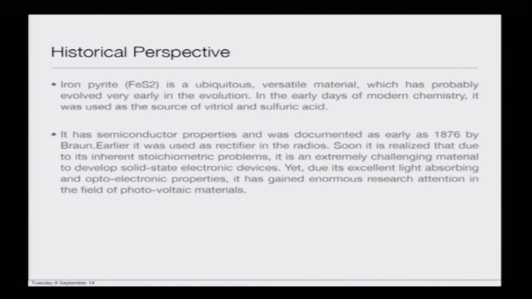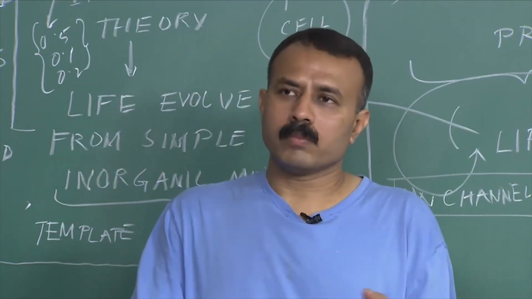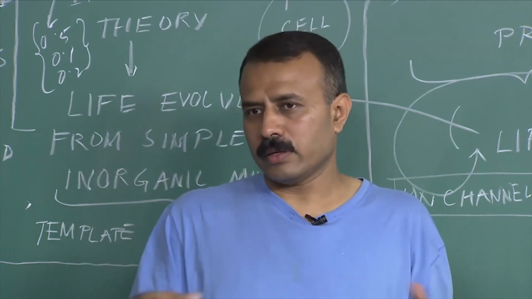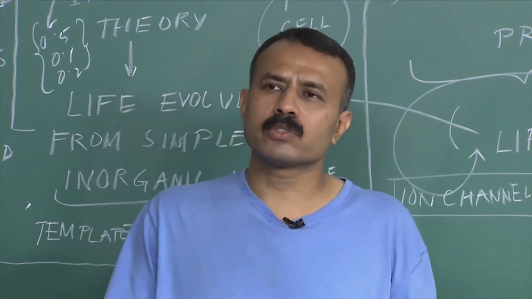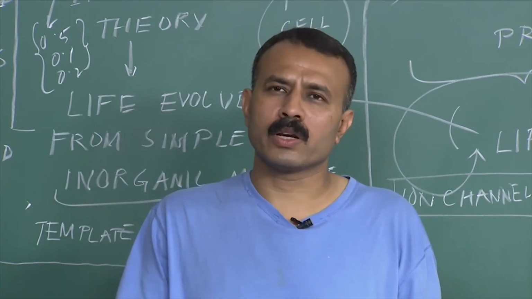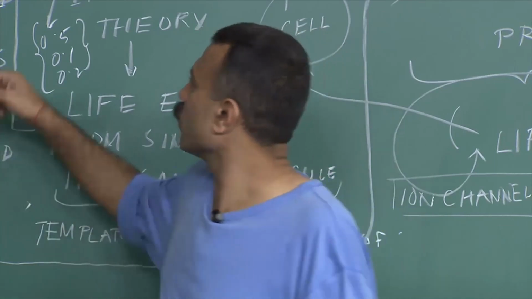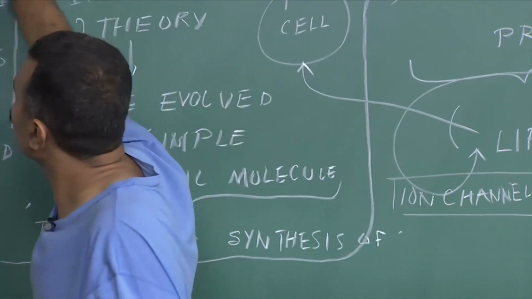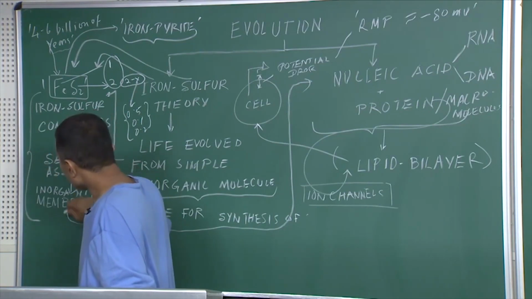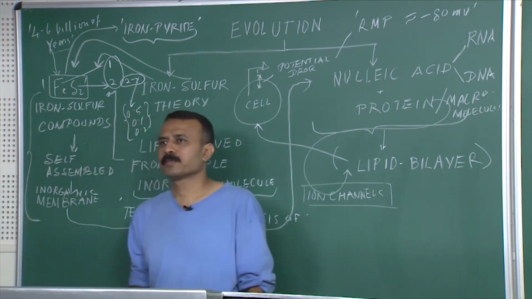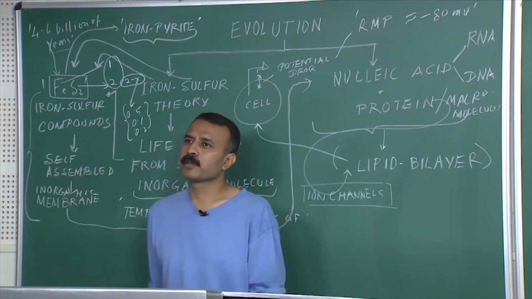Though this material is defective, and we will come later in the lecture, it has some absolutely amazing optoelectronic properties. So, an ancient molecule which probably evolved 4 to 6 billion years ago has the ability to absorb sunlight and transform it into some kind of electrical current.